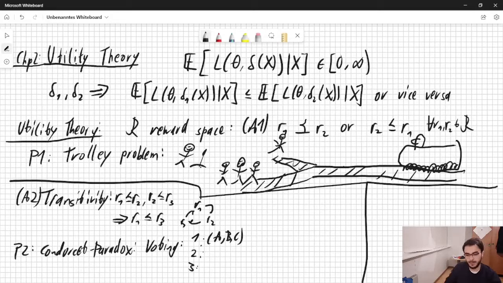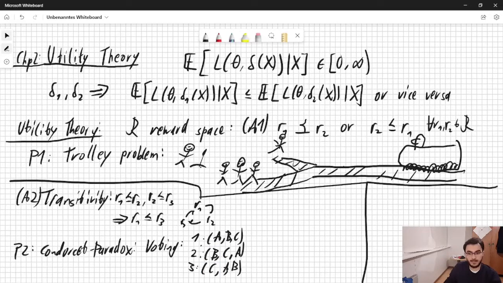Person 2 strongly prefers party B, but as his second preference 2 chooses C, and as the third, 2 chooses A. And then 3 does something similar, C, A, B.